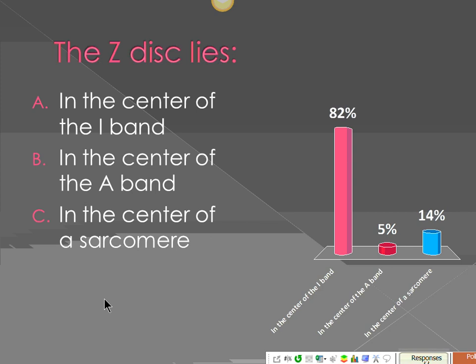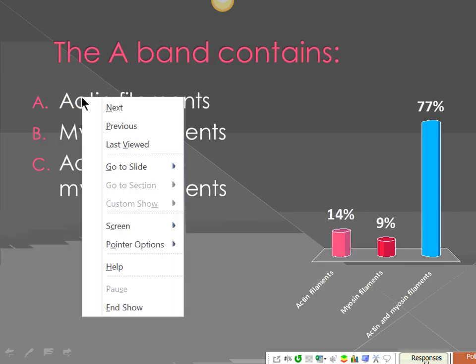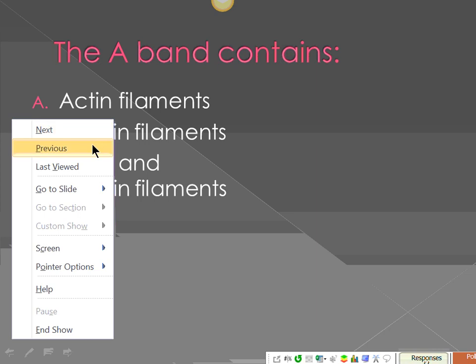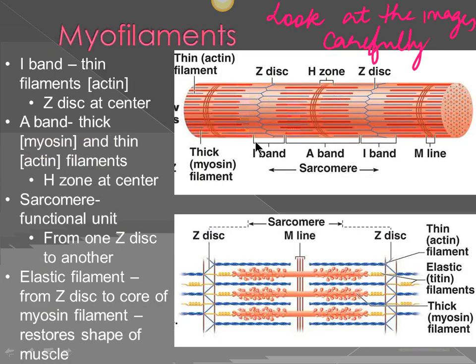Yes, the Z disc lies in the center of the I band. And again, for those who didn't get it right, this is why it's important to look at this. So always have your PowerPoints with you. Look at this: it's in the center of the I band, not in the center of the A band and not in the middle of the A band or whatever the other choices were. Okay?